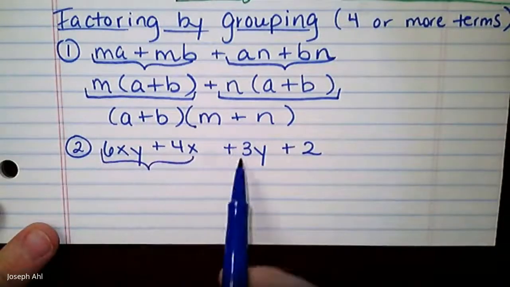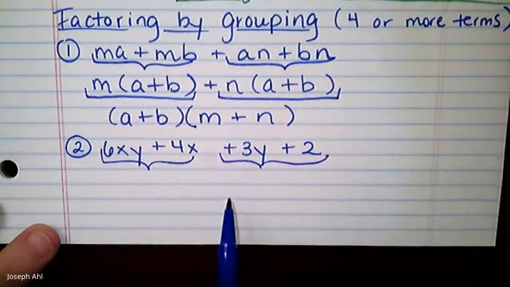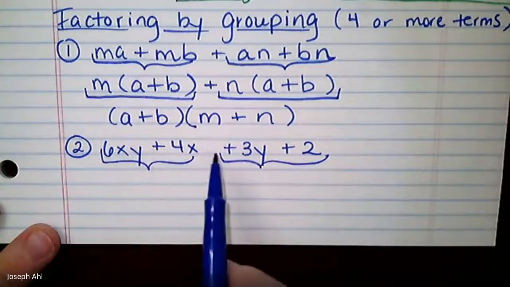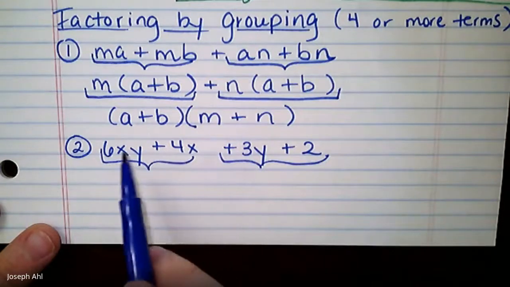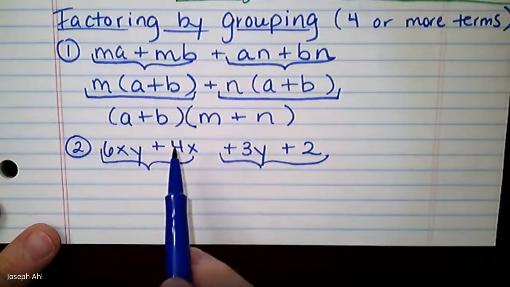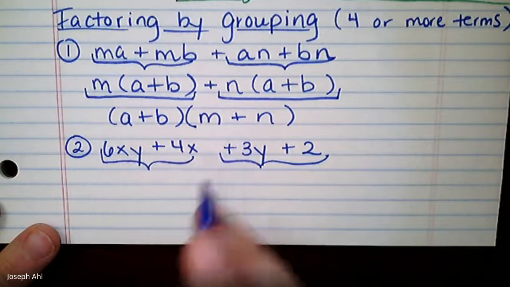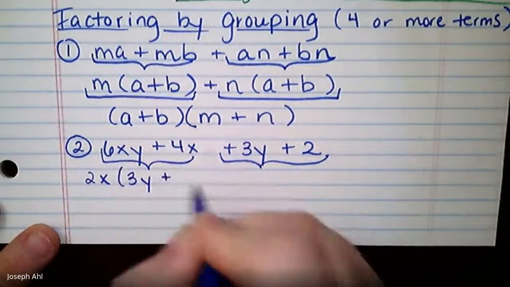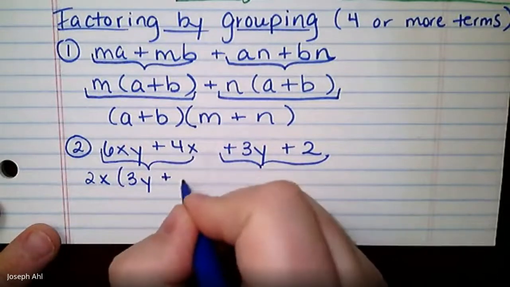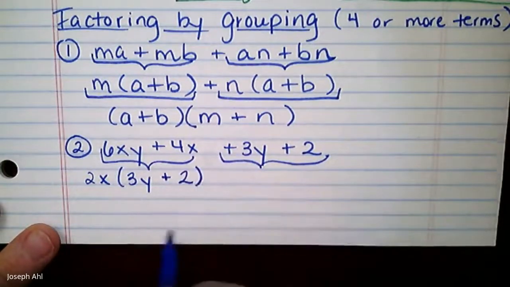But that's usually what I default to start, okay? So if I group the first 2 together, is there a GCF I can factor out? And it turns out I can take out a 2 from the coefficients, and I can also take out an x. So if I take out a 2x, that leaves me with 3y plus, take 2x from here, you get just 2 left over.